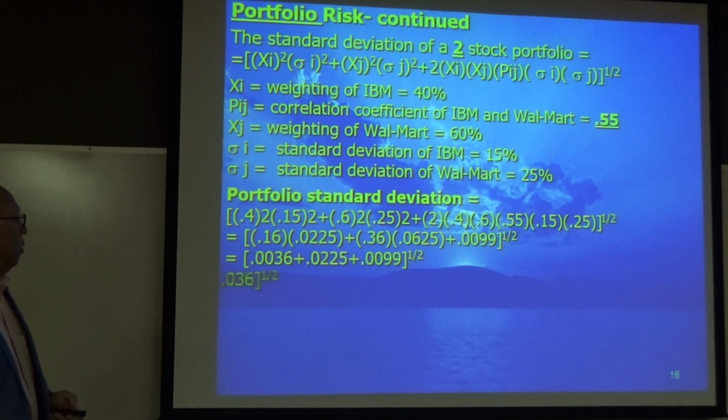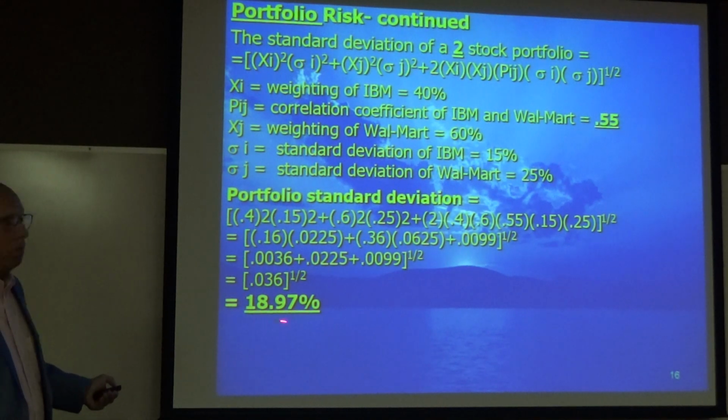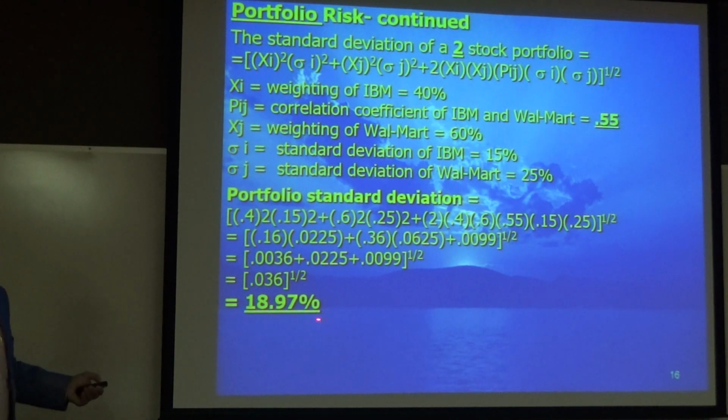And here we go, let's see what the number is, and the number is 19%. So this is the expected standard deviation for the portfolio, based on the historical standard deviations, based on the weights of the portfolio, and based on the historical correlations.